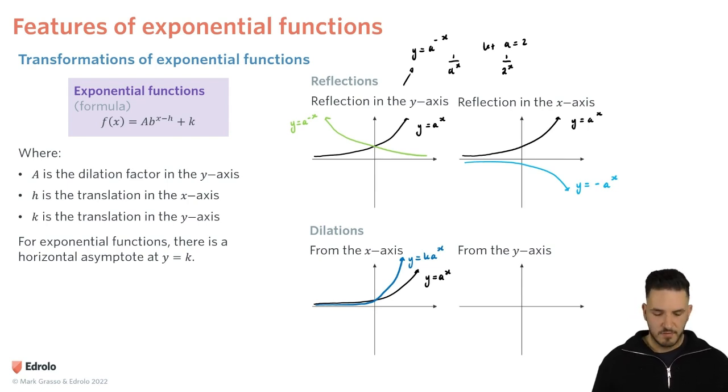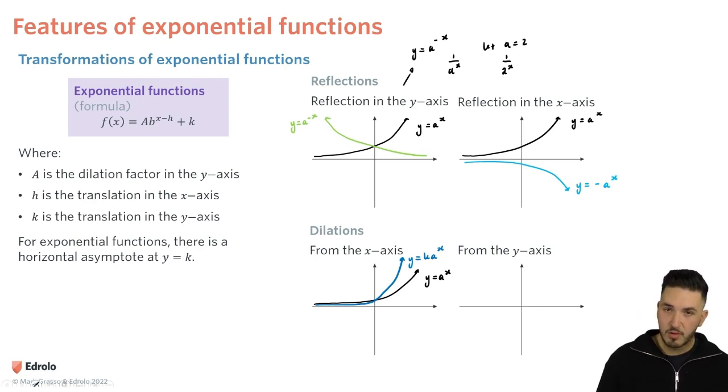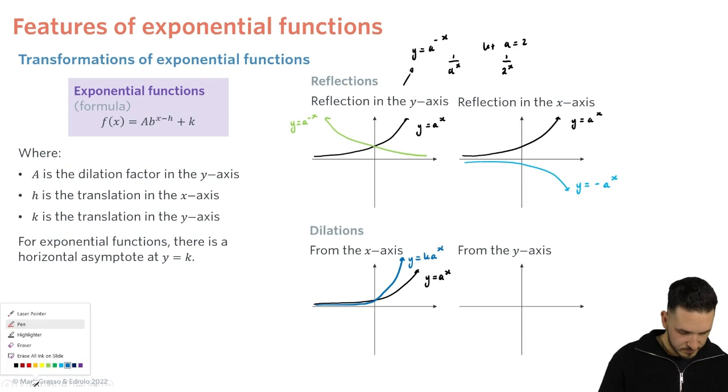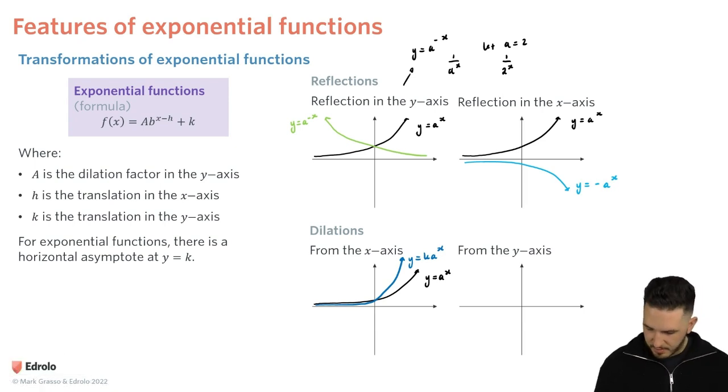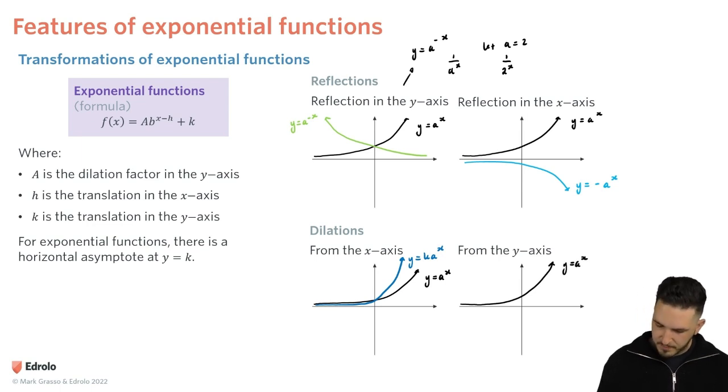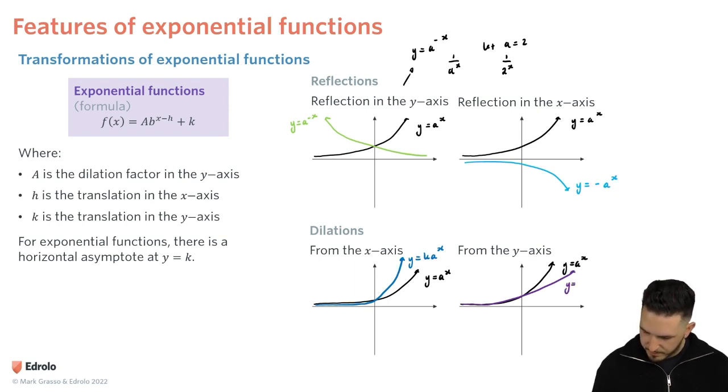Now let's look at a dilation from the y-axis. So it's essentially pulling away from the y-axis or closer to. So again, let's look at y equals a to the x. These obviously are where a is growing. So then this would be y equals a to the power of b x.